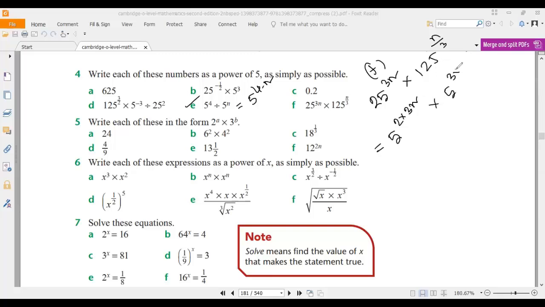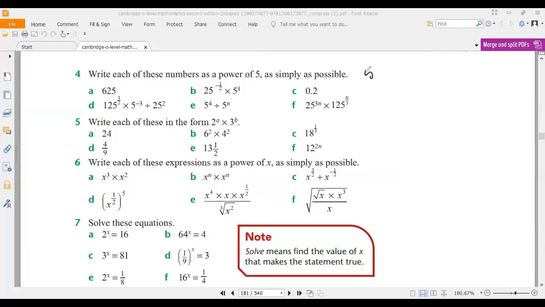So 5 to the power 3 into n by 3. After cancelling 3 and 3, we'll get our final answer, that is 5 to the power 2 into 3 is 6n. We are adding the powers here, n. So 5 to the power 6n plus n will be 5 to the power 7n. And that is the final answer of question number F.